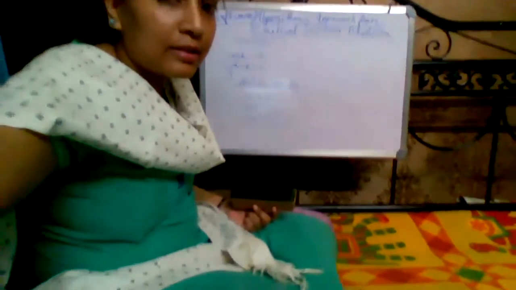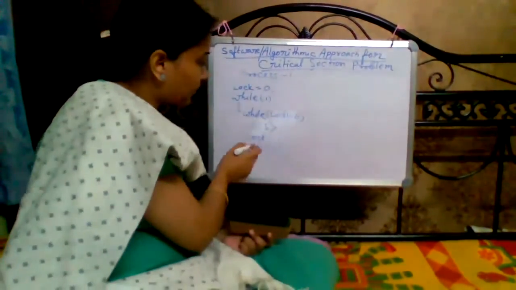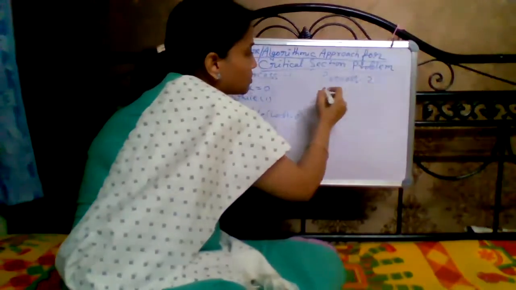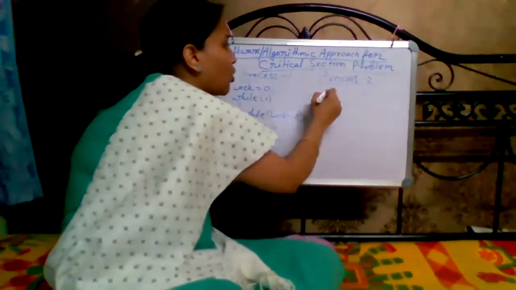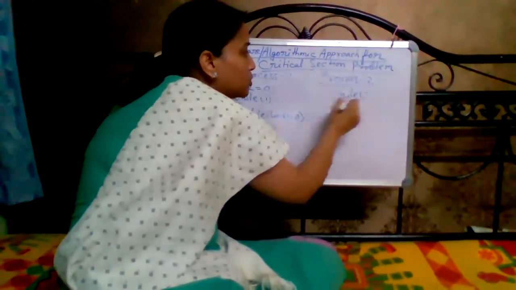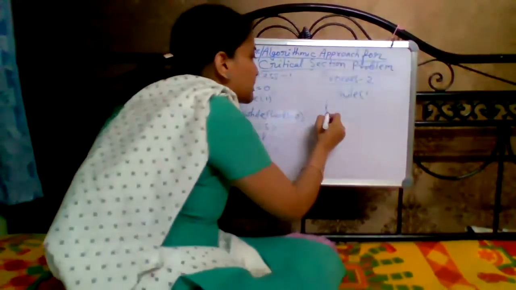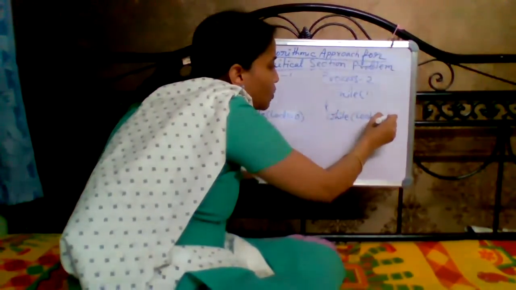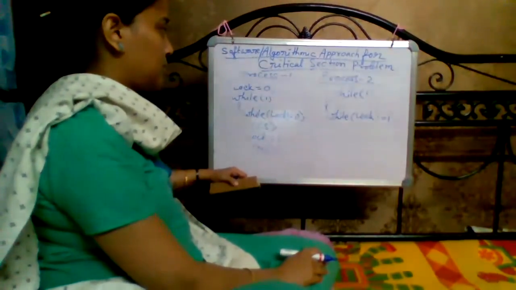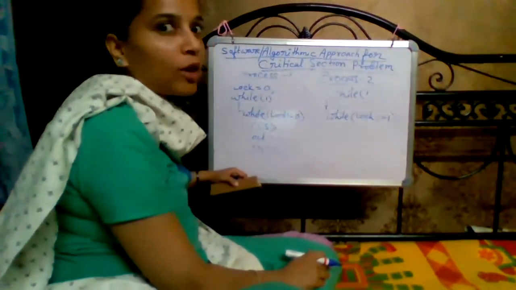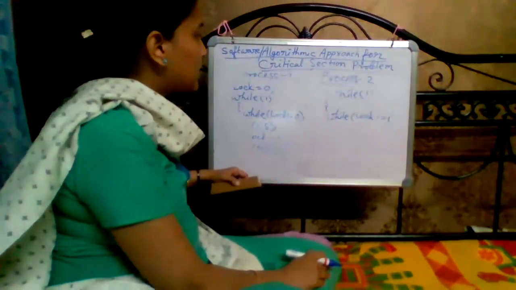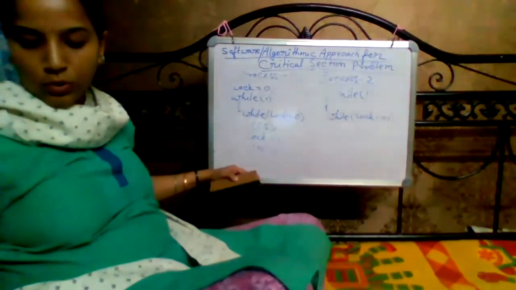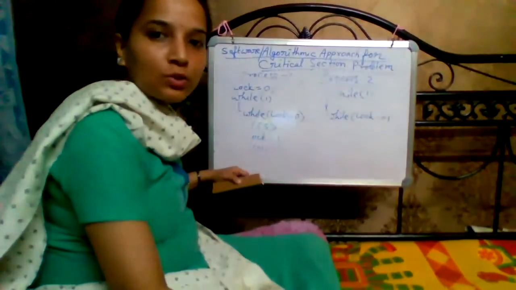That is the thing we consider. Now for process 2, here will be the code: while true, then process B checks the condition while lock is not equal to 1, that means lock equals 0.